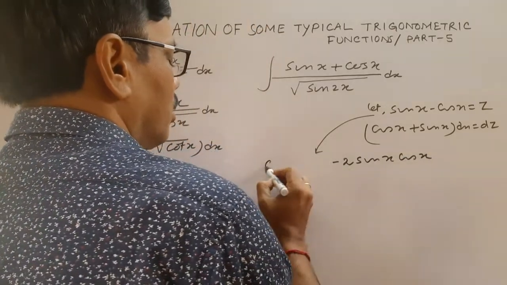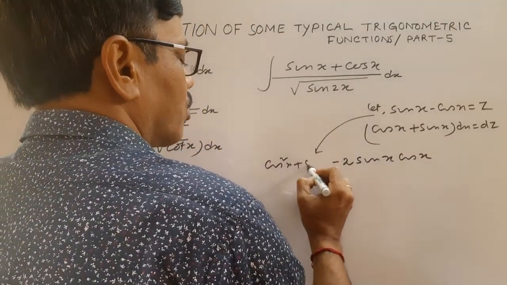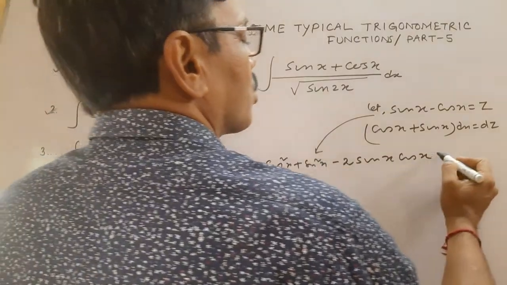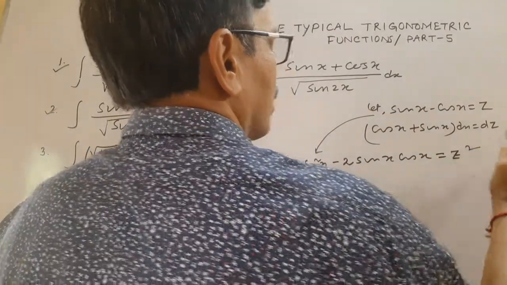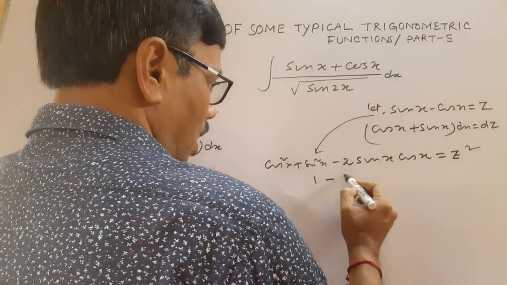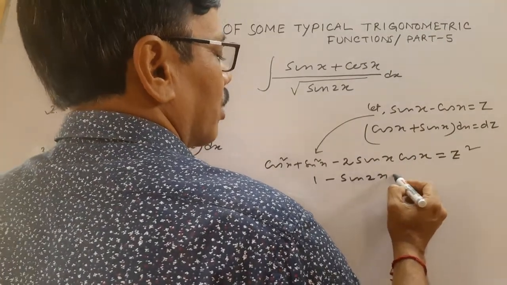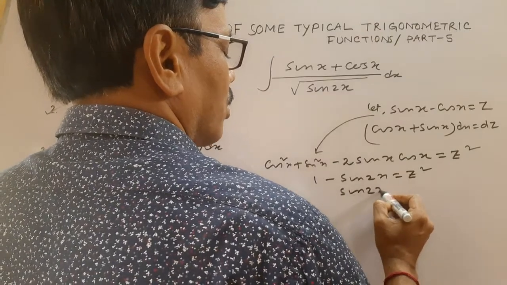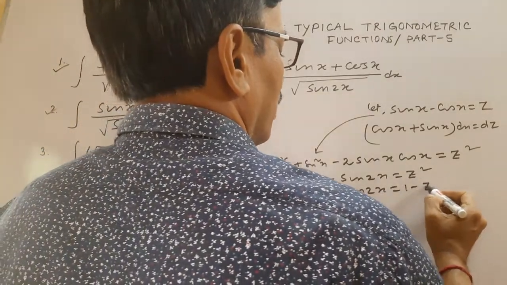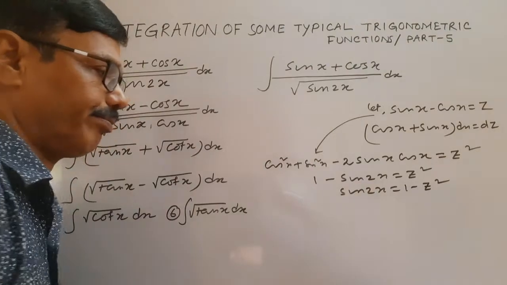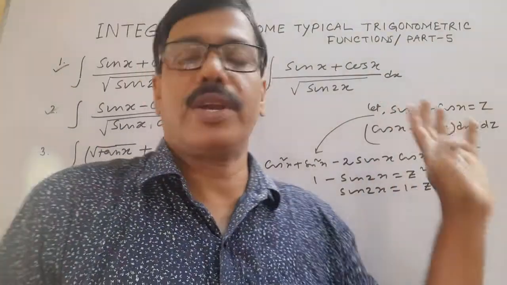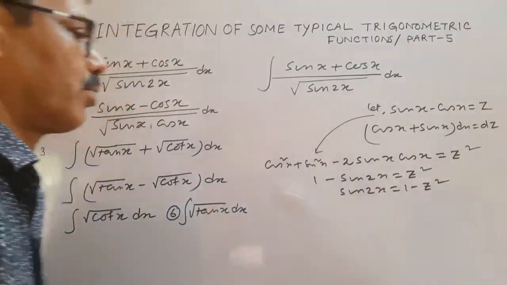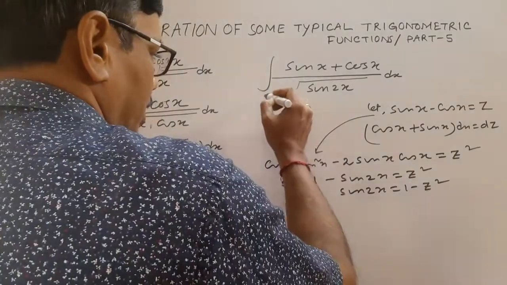Or you can write cos square x plus sin square x minus 2 sin x cos x equals z square. So 1 minus sin 2x equals z square. So what is sin 2x? Sin 2x is 1 minus z square. So sin 2x is expressible in terms of the new variable z.